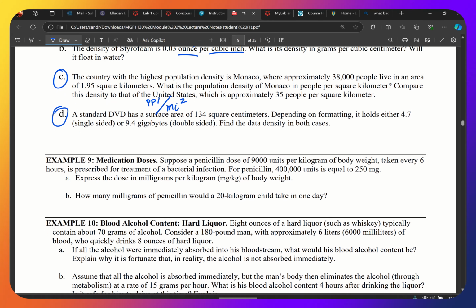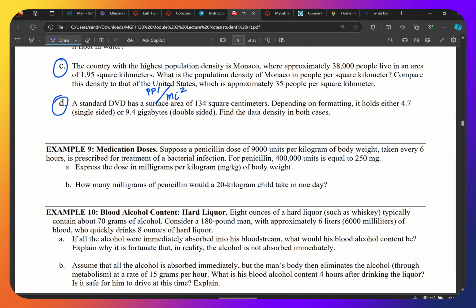Number 9, medication doses. Suppose a penicillin dose of 9,000 units per kilogram of body weight taken every 6 hours is prescribed for treatment of a bacterial infection. For penicillin, 400,000 units is equal to 250 milligrams. Express the dose in milligrams per kilogram of body weight. All right, so there's a couple options for this.